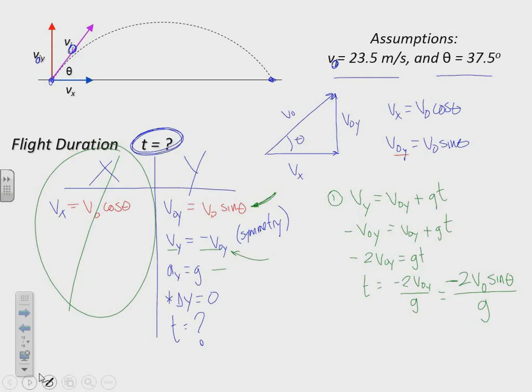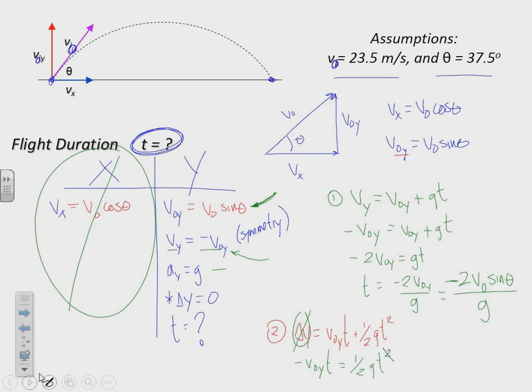Okay? Method 2 is to use this. Delta y is V naught yt plus 1/2 gt squared. Delta y is 0. So we get negative V naught y times t equals 1/2 gt squared.